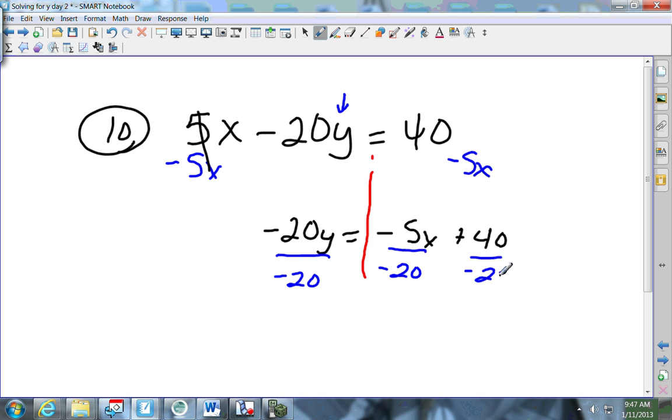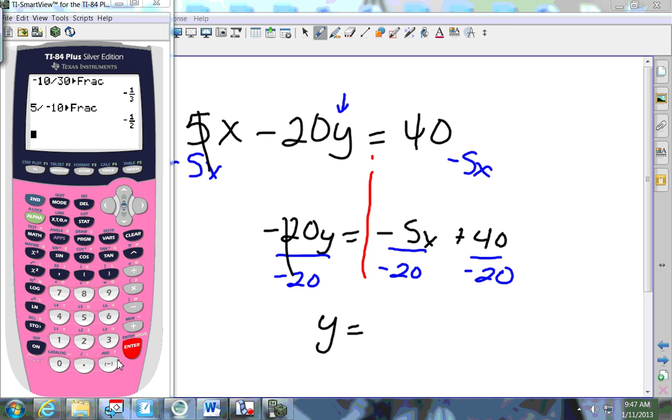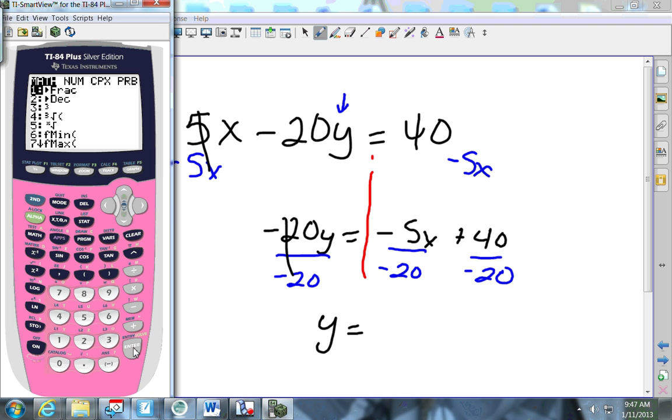These cancel and I get y equals, now I can go in my handy dandy calculator and put in there negative 5 divide negative 20, math, enter, enter. I get 1/4.